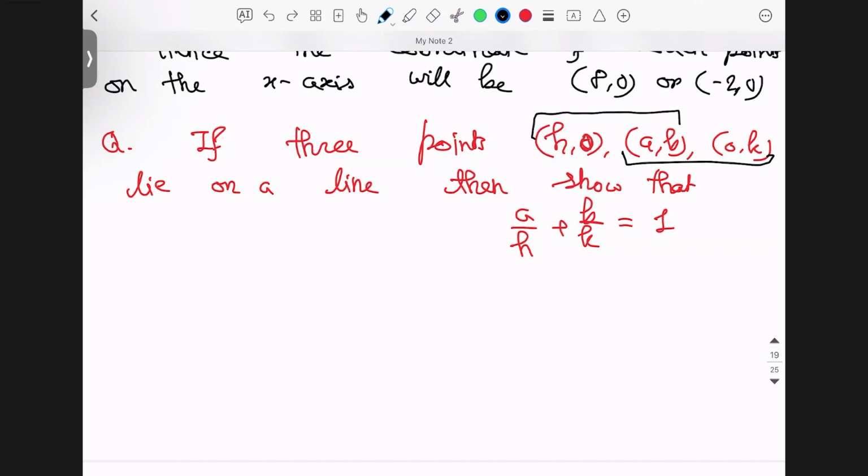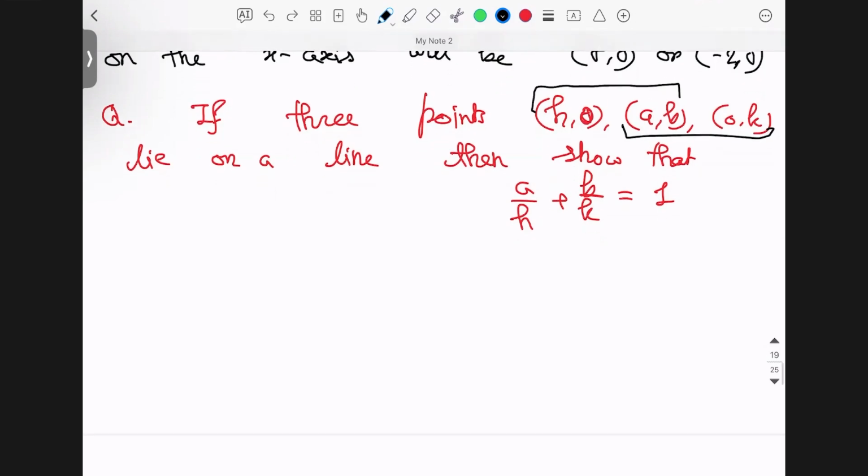Since the 3 points are on a single straight line, the slope in the 2 cases will be equal. Hence, we can clearly use the fact that the slope of the straight line is fixed. Therefore, one slope will be b minus 0 divided by a minus h. This is one case. And what is the other case?